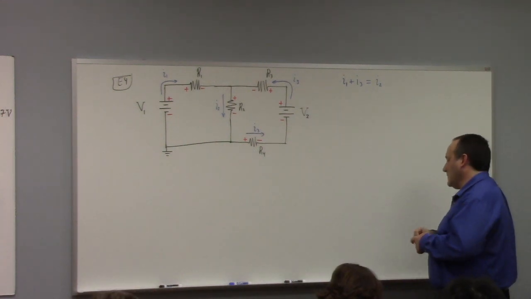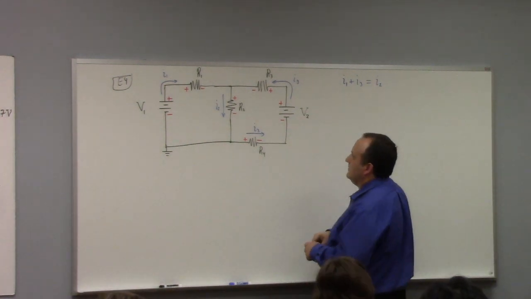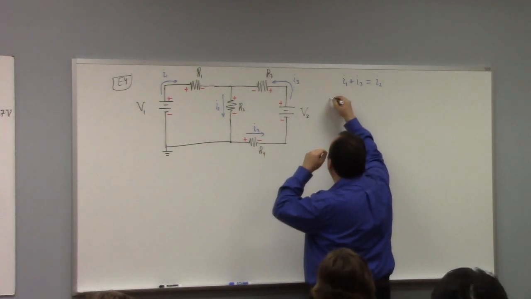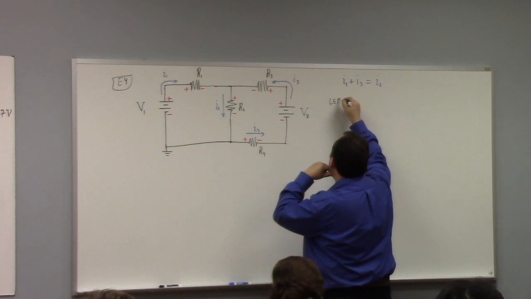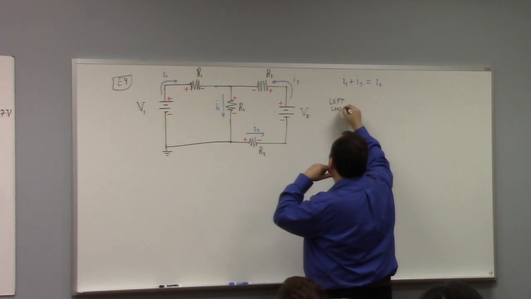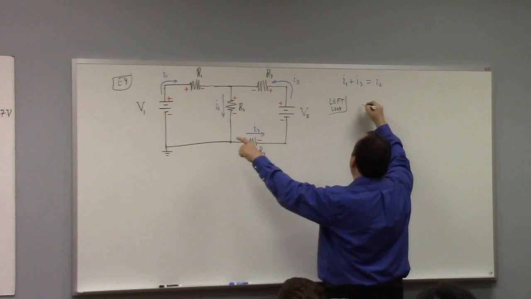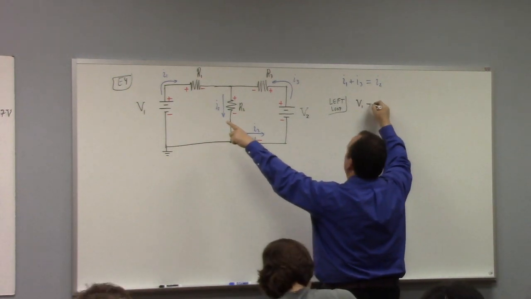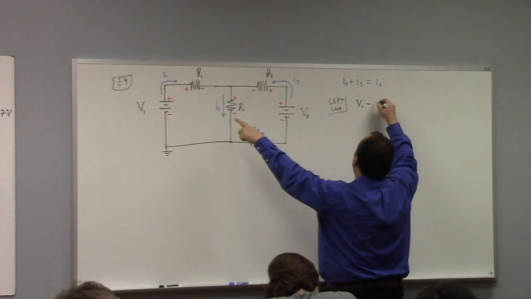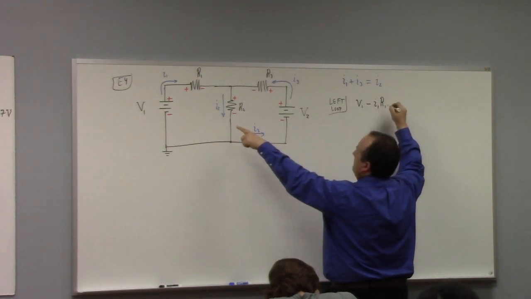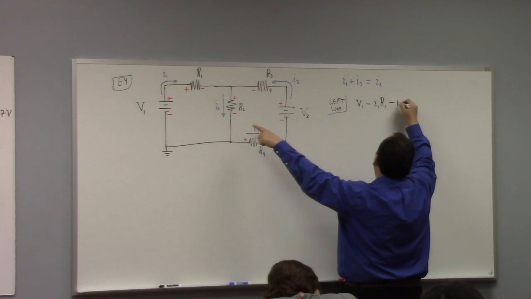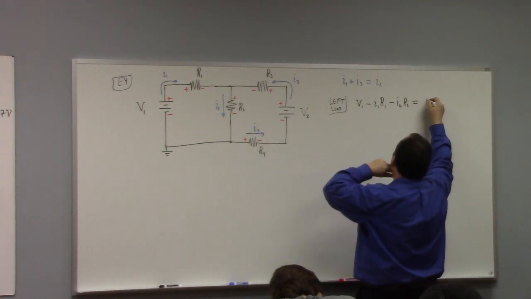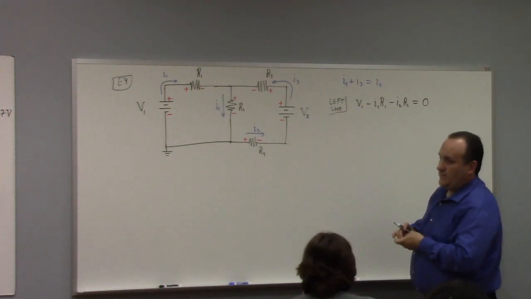All right. So following the left loop, we've got V1 minus I1R1 minus I2R2 equal to 0.